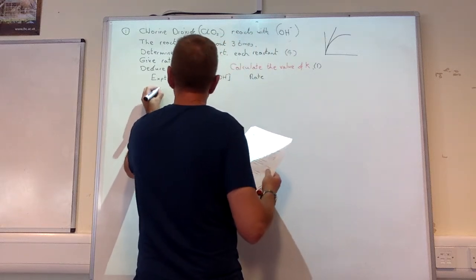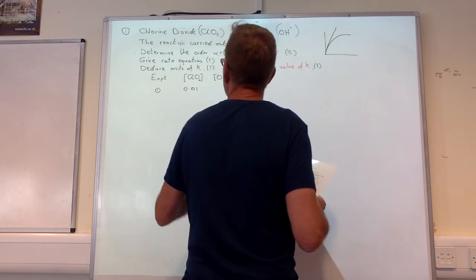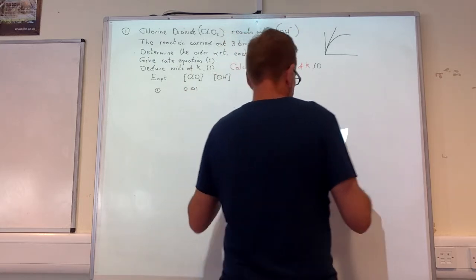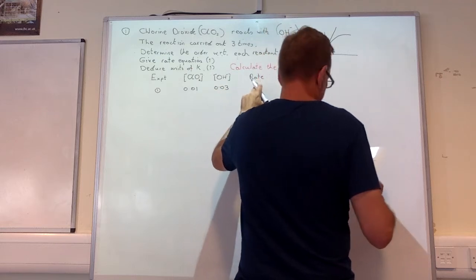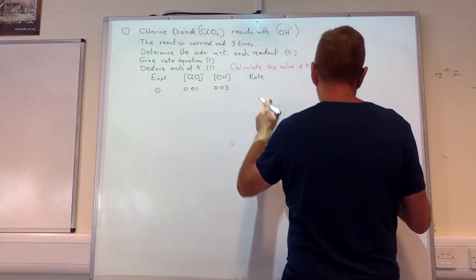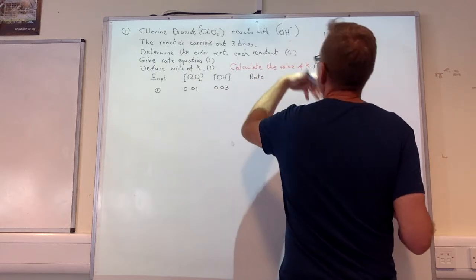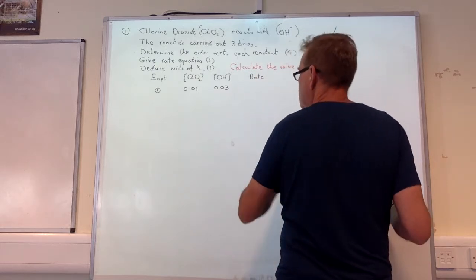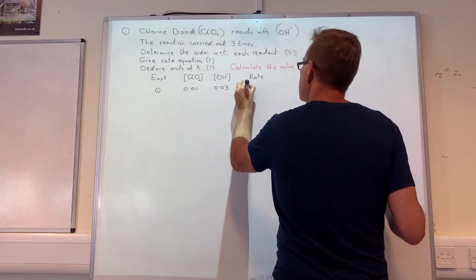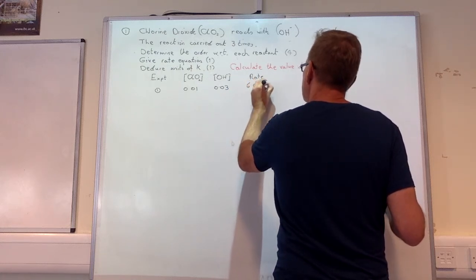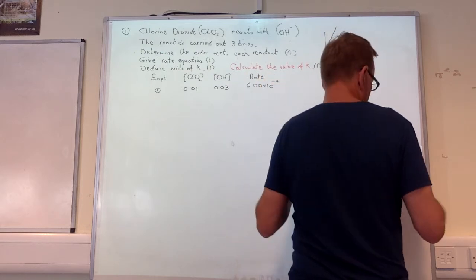Experiment 1. We start off with an initial concentration of 0.01 moles per dm cubed, and we start off with a concentration of 0.03 moles per dm cubed of hydroxide. We run the experiment, evolution maybe of chlorine gas, whatever. We do a tangent, we calculate the gradient, and the rate drops out at 6.00 times 10 to the minus 4.